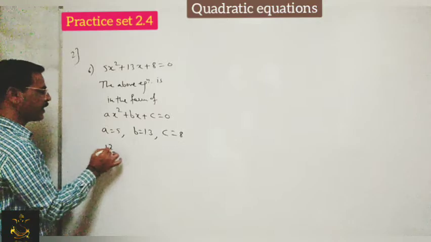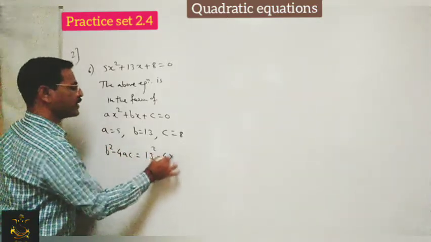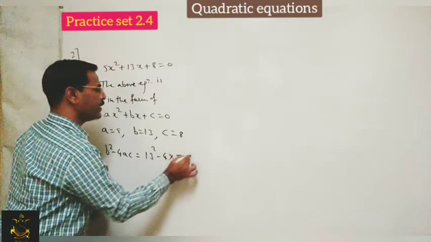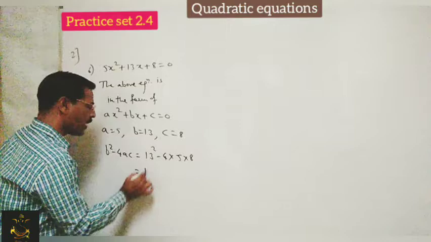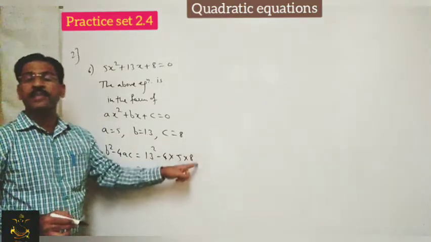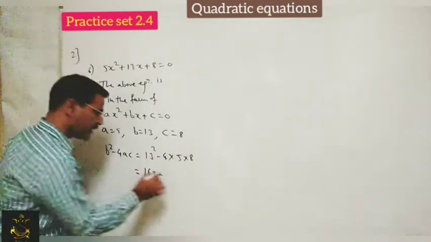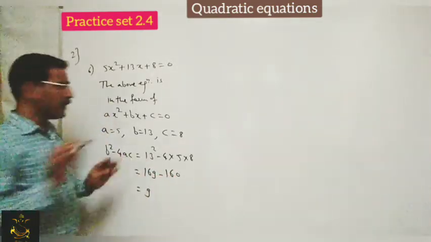Find b square minus 4ac: 13 square minus 4 into 5 into 8. Is it correct? Square of 13 is 169. 4 5s are 20, 20 8s are 160. It is 9.